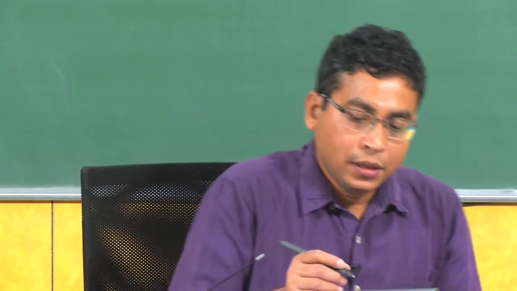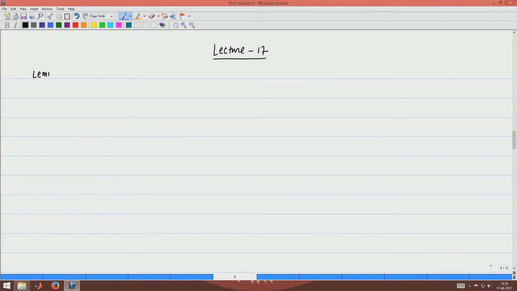Okay. So, we denoted it lemma 1, which essentially says that the value of a flow is equal to the flow across the cut S, S complement.